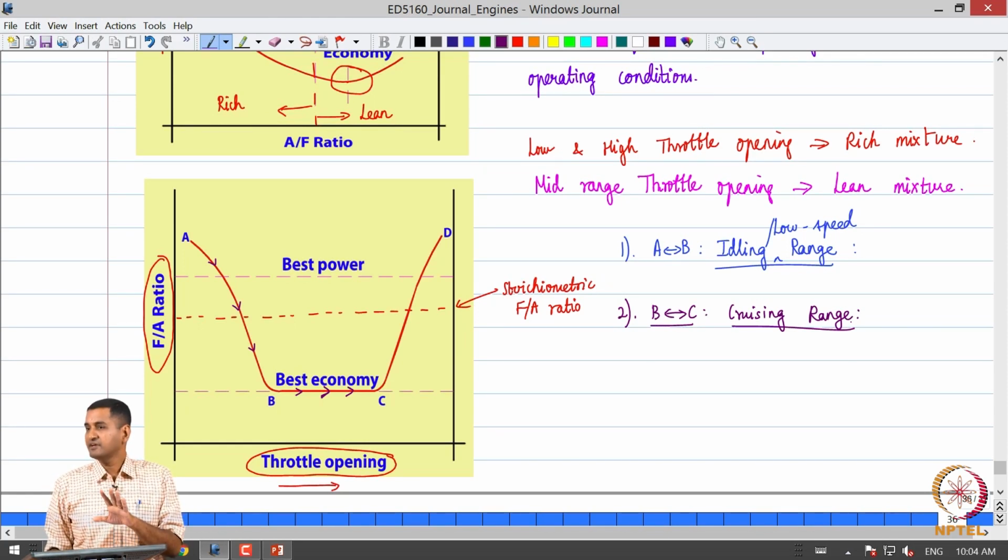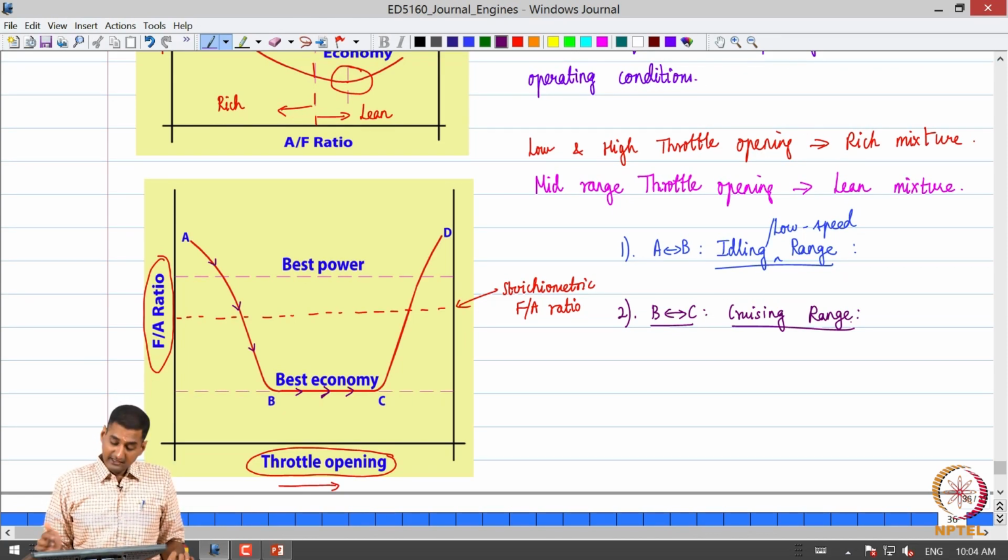Even when we look at the vehicle transmission, we will also look at what are the forces that the powertrain needs to overcome when the vehicle is being operated under various conditions, that is when it starts from rest, when it accelerates, when it is cruising and so on.